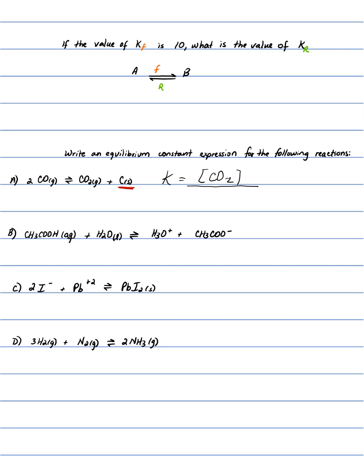For the reactant, I just have one reactant, which is the carbon monoxide. So carbon monoxide, and the coefficient for that one is 2. So I'm writing 2 as the power, it will be squared, carbon monoxide concentration squared, because the coefficient in your chemical reaction is 2. So that will be the equilibrium constant expression for the first one.